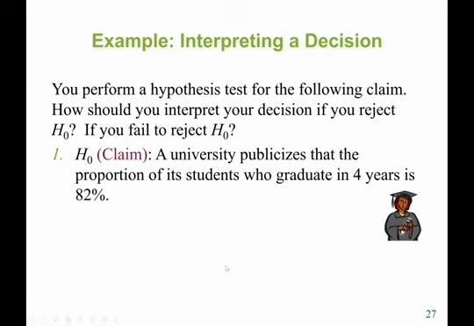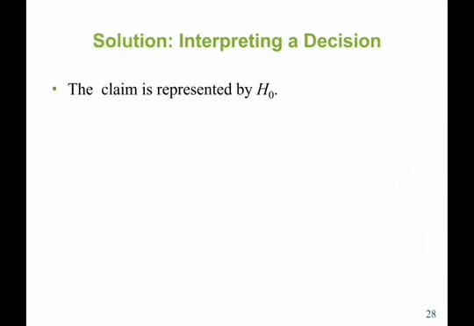So another example here to interpret a decision. Here they say you perform hypothesis testing for the following claim. How should you interpret your decision if you reject HO or if you fail to reject HO? Now, HO is the claim. A university publicized that the proportion of its students who graduated in 4 years is 82%.